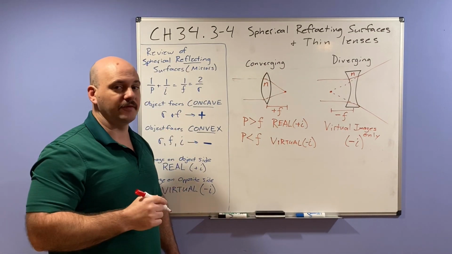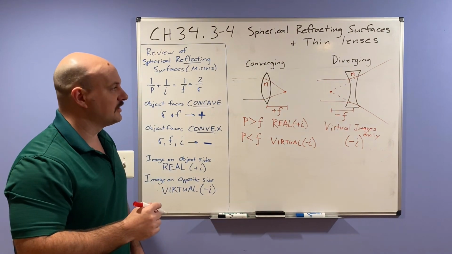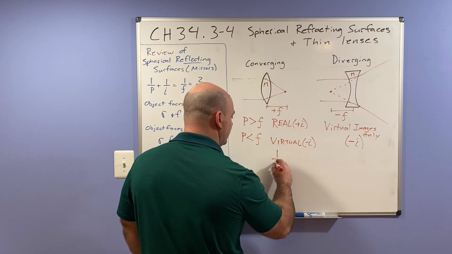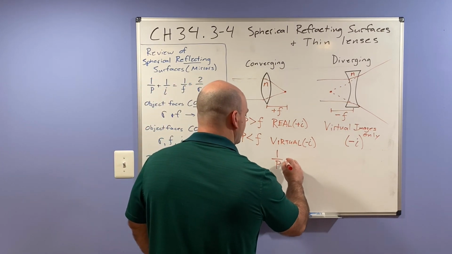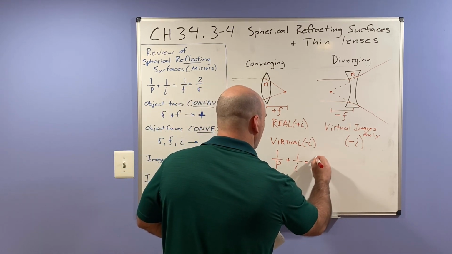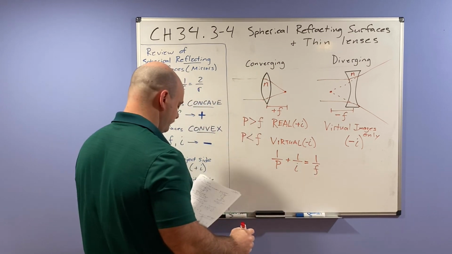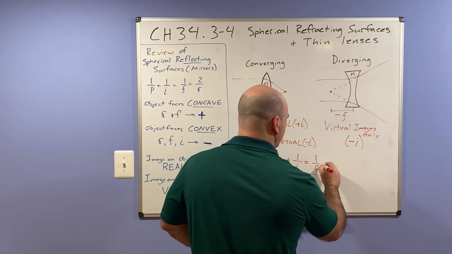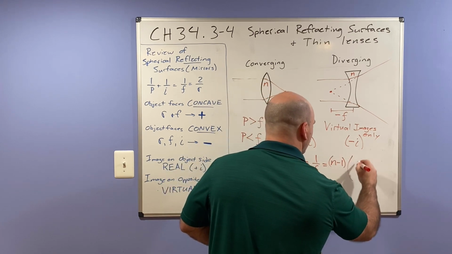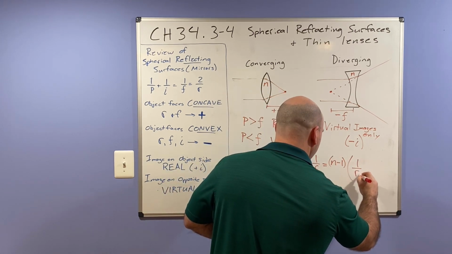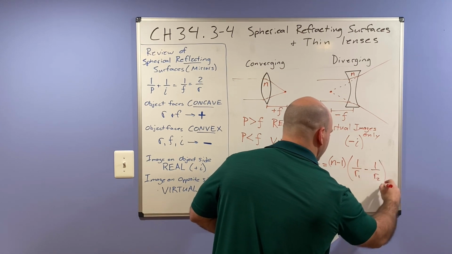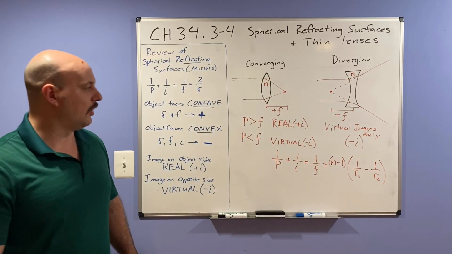So there is the index of refraction of the lens, and we calculate all of these with this relationship: 1 over the object distance plus 1 over the image distance is equal to 1 over the focal length, which is equal to the index of refraction minus 1 times 1 over R1 minus 1 over R2.